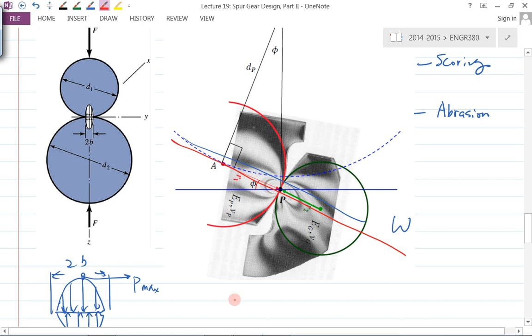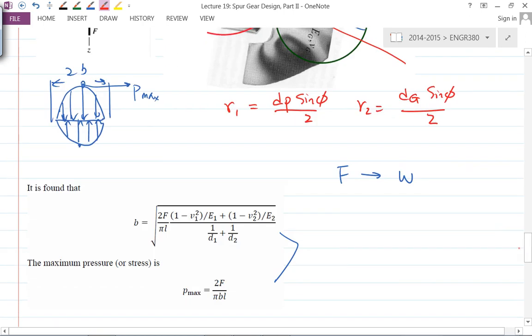So you find R1 equal to dP times sine phi over 2, and R2 here equal to dG times sine phi over 2. So all you need to do is replace D1, D2 with R1 and R2. Okay, yeah, in this formula, right?